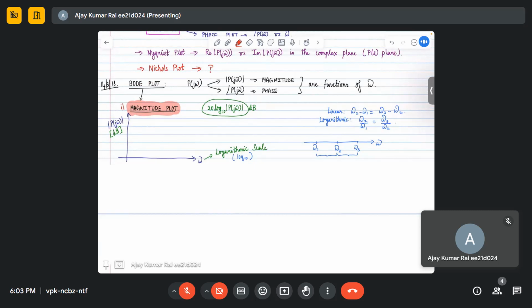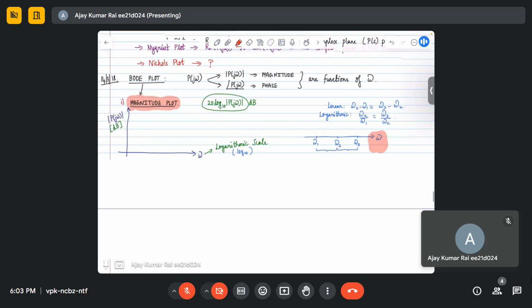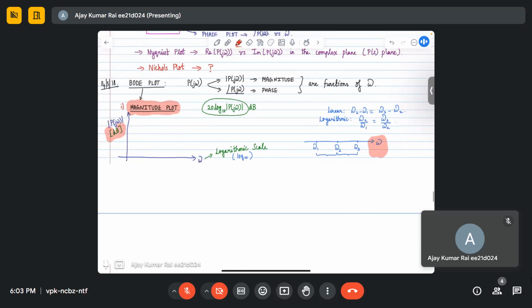These two plots are with respect to frequency omega. For the magnitude, the y-axis is in dB. What is dB? dB is 20 log base 10 of the magnitude of P(j omega). This we call decibel.